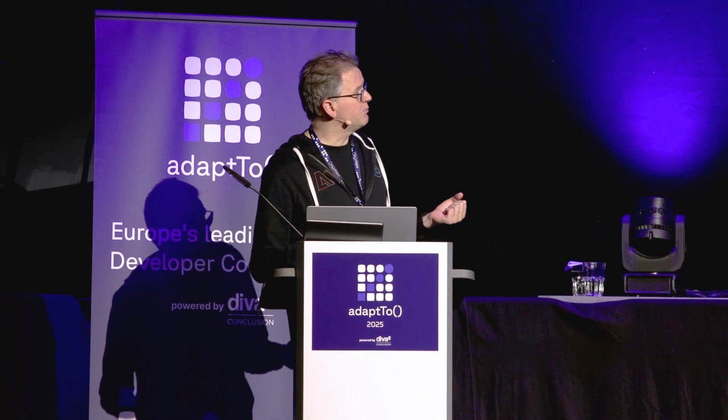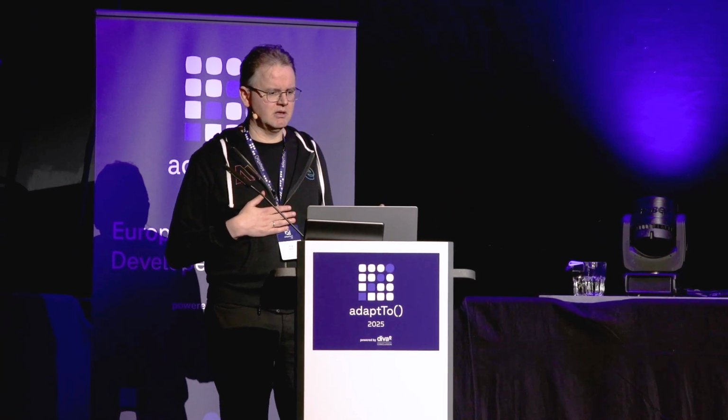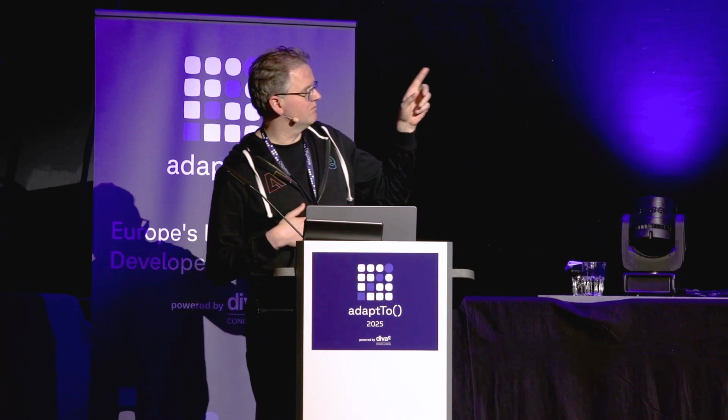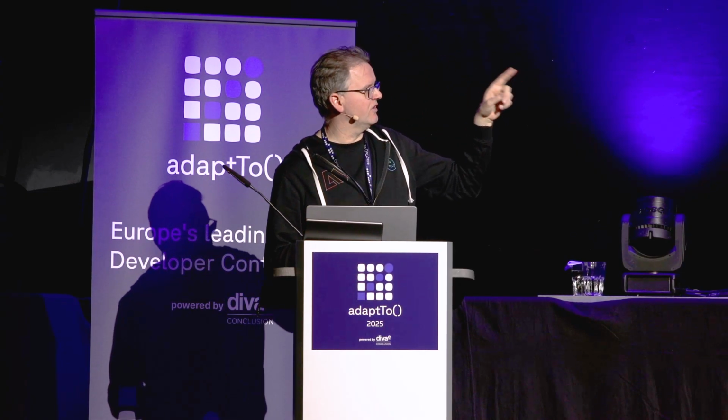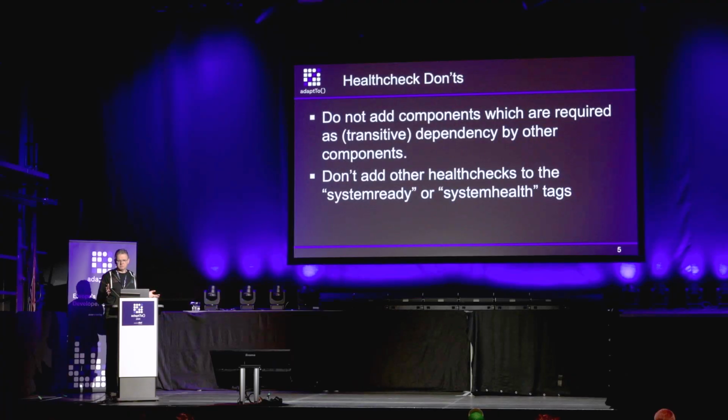My personal strong opinion on adding other health checks to the system: if you read the logs, you will come across these, so it's not any secret thing, it's just not documented, and we won't document it. Don't add any other health checks to that. As said, you might break the system and we cannot help you.